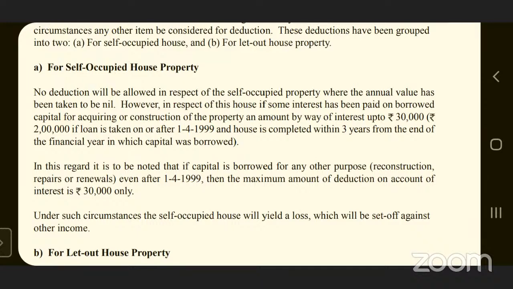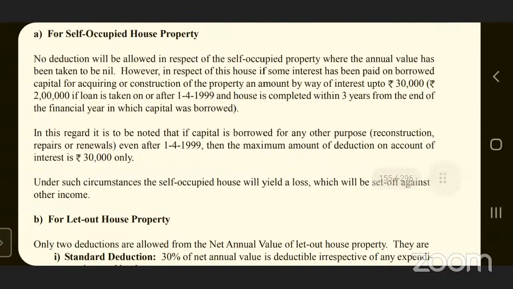So what are the prerequisites? Interest is admissible up to 30,000 itself, and the actual loan amount is up to 2 lakhs only, borrowed before 1/4/1999, and the completion of the house must be within 3 years from the end of the financial year. Then what is the situation of sanctioning of loan after 99? Sorry, I mentioned before; it is after 1999.